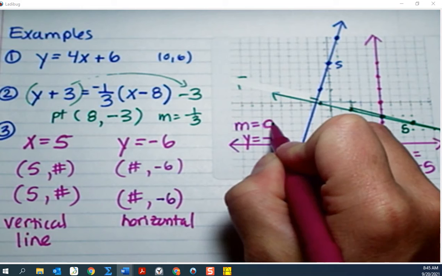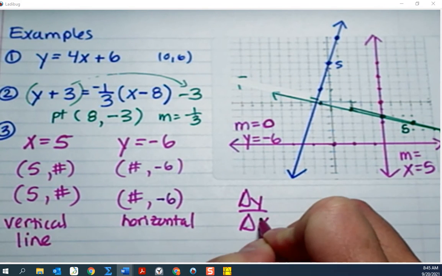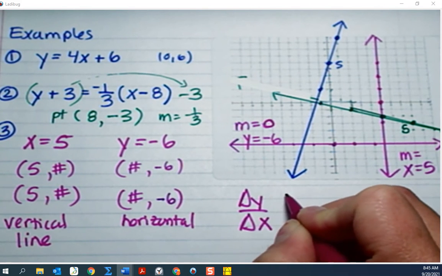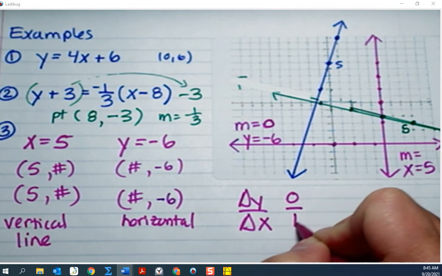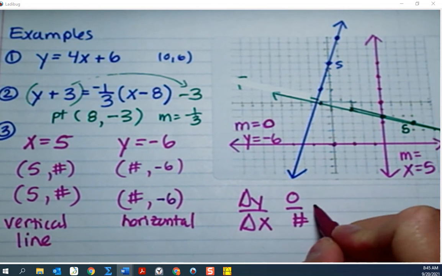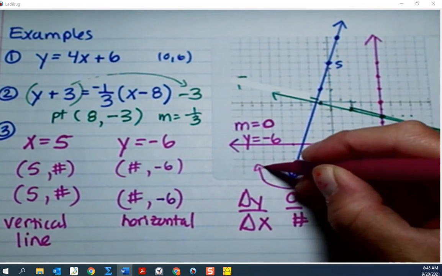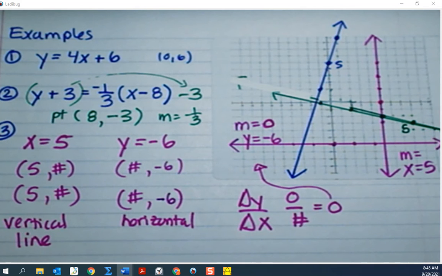Yes, slope of 0, because rise over run, so it goes up none over however much you feel like counting. So this is 0. Perfect. What about the other one?